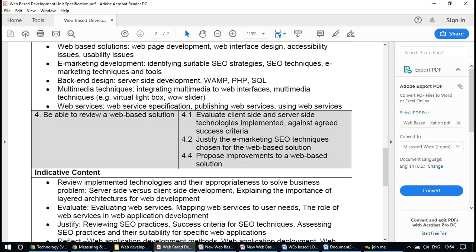And the third assessment criteria is the proposed improvements to a web solution. So proposing advice or any improvement to the web system, voluntarily and truthfully, is the most important thing in research writing.